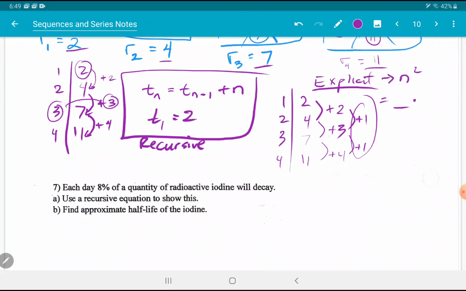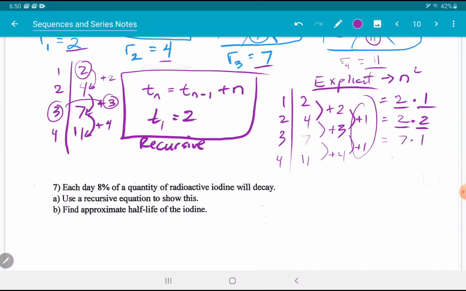So something times something gives me these values. Let's figure that out. What gives us 2? 2 times 1, right? What gives us 4? 2 times 2? Let's see if that works. Obviously, this is not going to work, though, because 2 and 2 occurring together, that's probably not what's happening here.